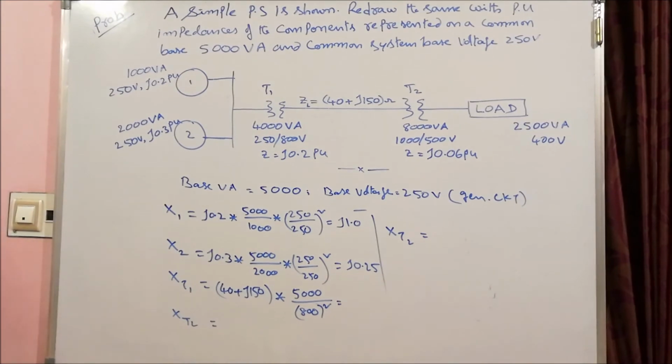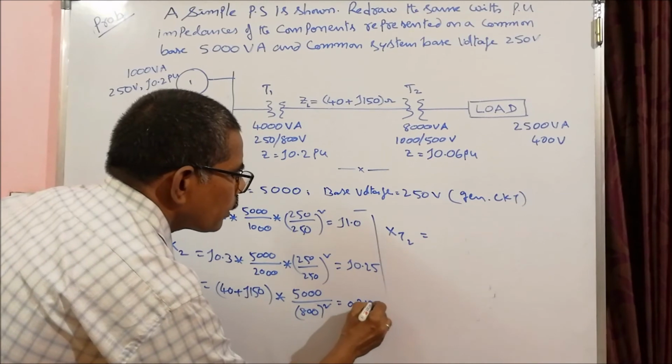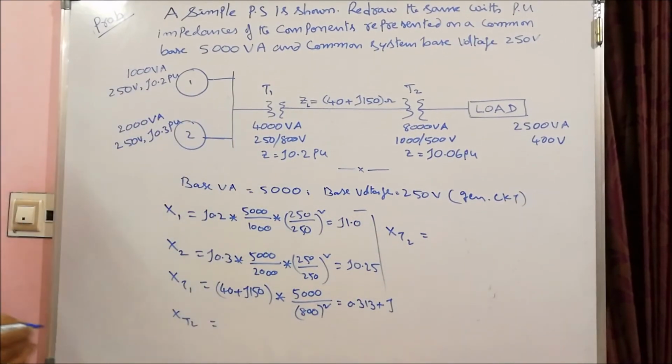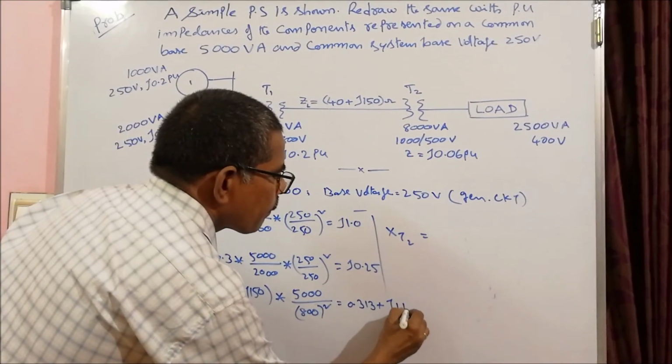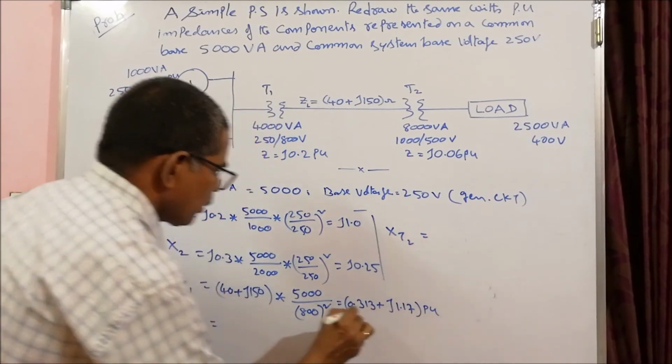So whatever you get, 0.313 plus J1.17 per unit.